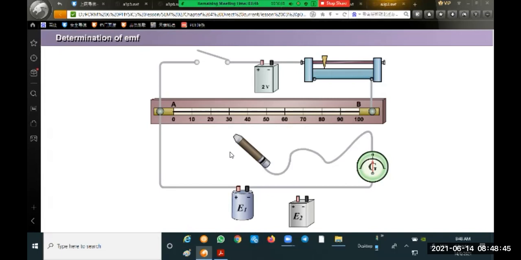Now we look at here. What happened is, now I use the same 2 volt accumulator. Accumulator means the wet cell, not the dry cell. Last time we used the wet cell. The accumulator works almost on the same concept as that used in a car or a motorcycle.